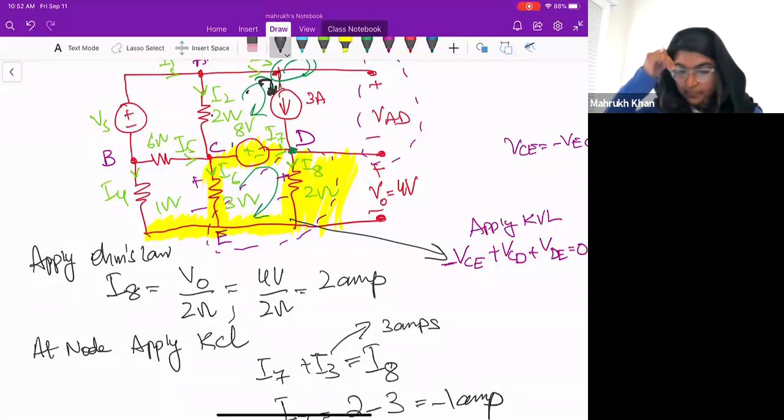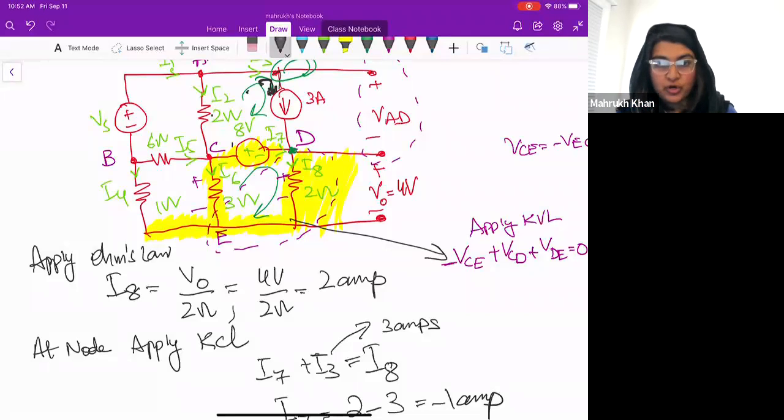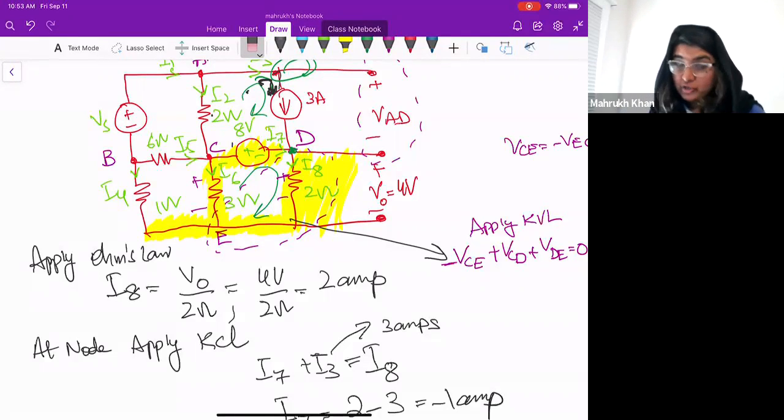Another thing here is that if you see that your current is negative in I4, right? So it suggests that maybe E is at higher potential than B. So maybe it's VEB, but it's up to you whatever sign you assign, and the results will automatically follow that. So you don't have to worry, oh, should I do VBE or VEB? If you apply these rules, then it should be correct.